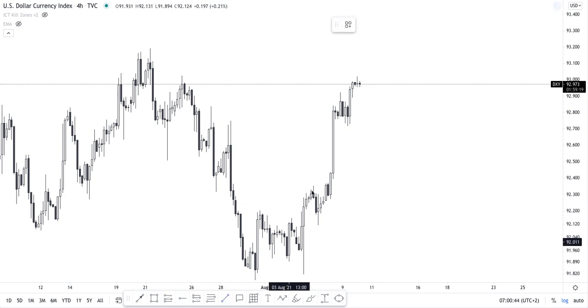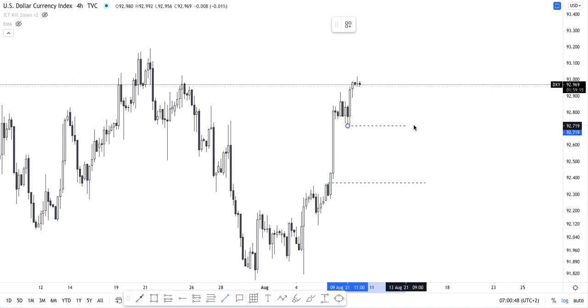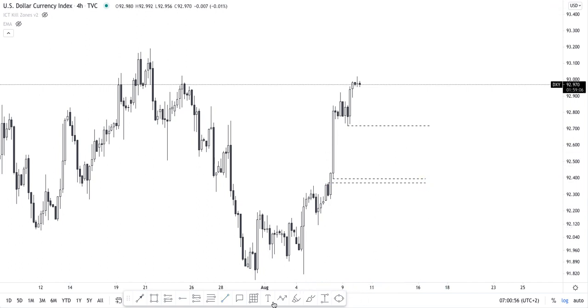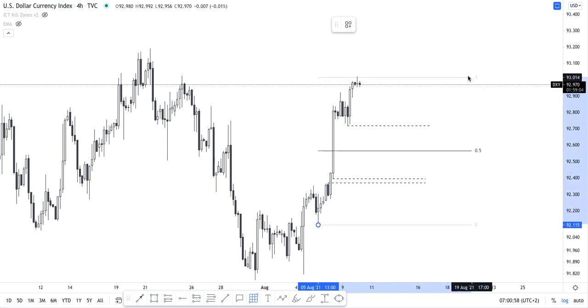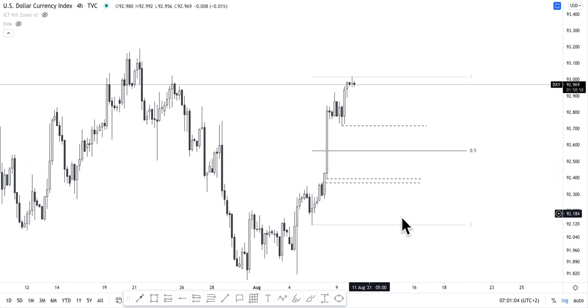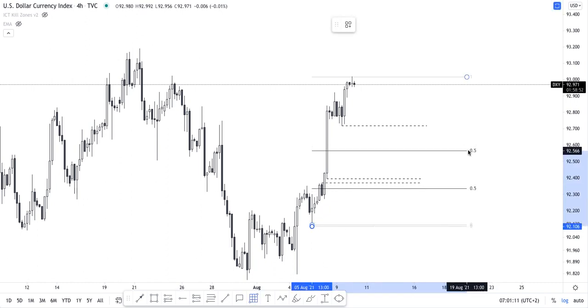So we can mark out a few areas. You can see we can mark out that area. We can mark out these lows. We can mark out that imbalance over there as well. All of this empty space over here as well. You can also see if we put the premium discount tool on there, we have a nice range to go down into this discounted area that we can look for price to react from.